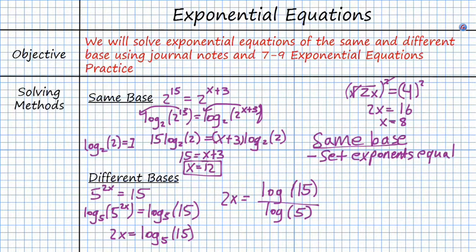And then you've still got 2x on this side, so you'd have to divide both sides by 2, and you get x is equal to log of 15 over 2 times log of 5.